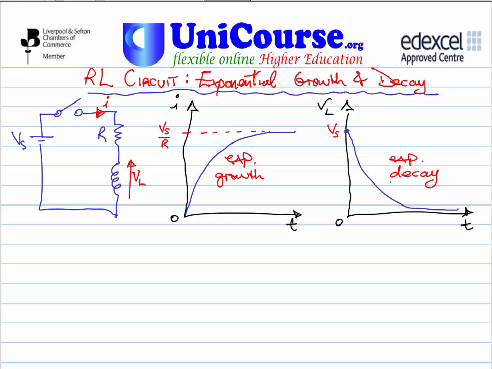So in this RL circuit, yes, we have some growth and decay depending on which parameter you're picking on, and the same was in the previous video for the RC circuit. But what you'll notice about the RL circuit is the graphs tend to flip over, so they're exact opposite of the graphs for the RC circuit, which is quite curious. So check out the previous video and confirm that for yourself.